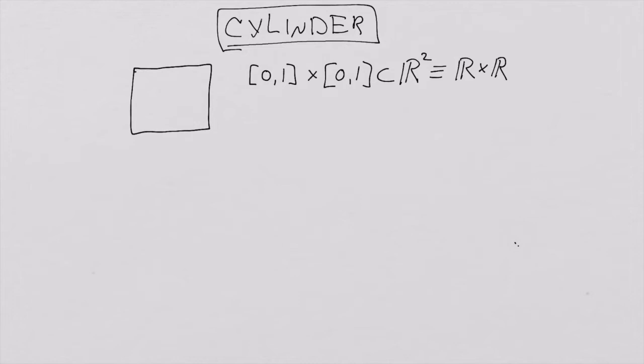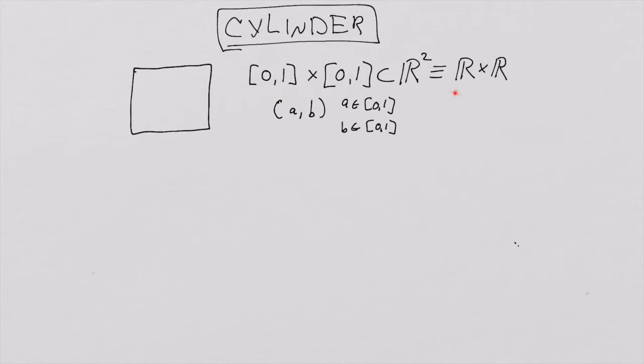So the idea is that this is a subset of R2, defined by the set of all ordered pairs (a, b), where a is an element of the interval [0,1] and b is an element of another interval [0,1]. And note, these are closed intervals on the real line.